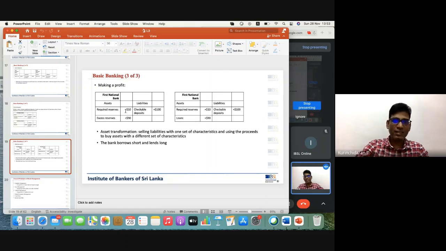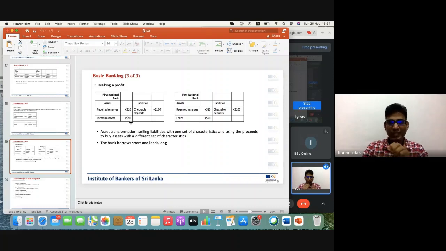In the first table, you can see the excess reserve is 90. Earlier we thought the full 100 goes to the reserve account. Out of that 100, the required reserve is 10, and you have an additional 90 in addition to the required reserve.